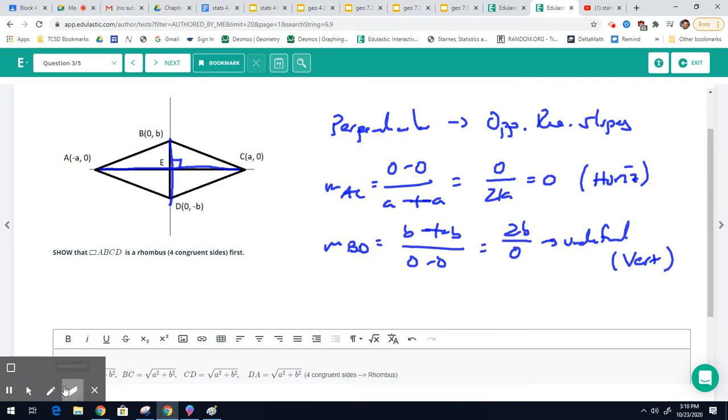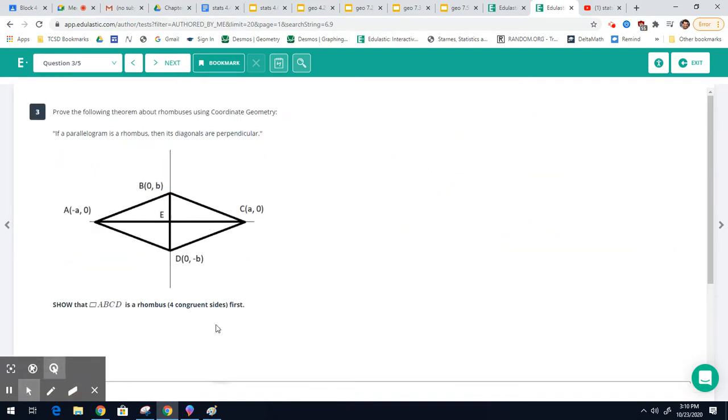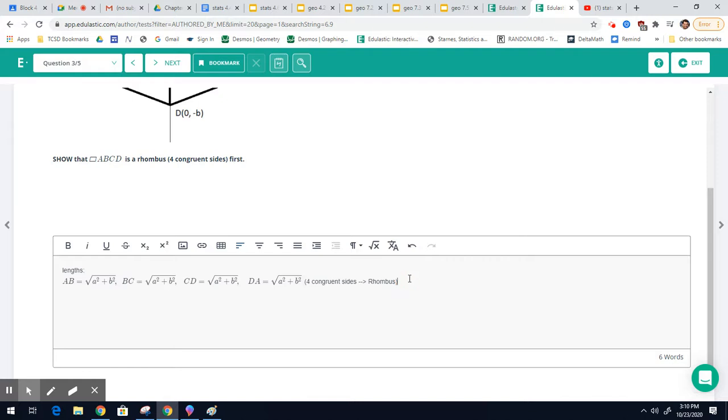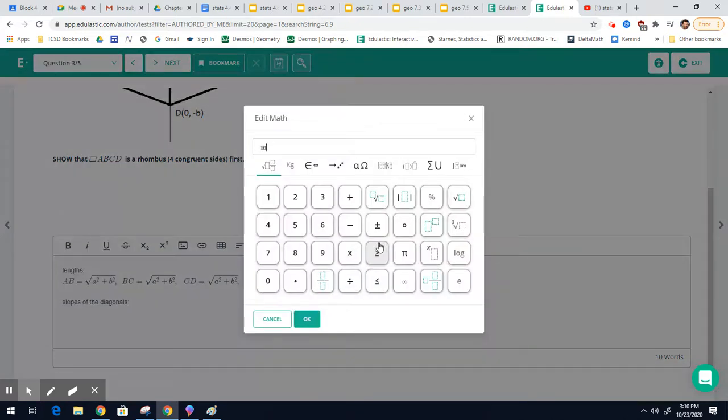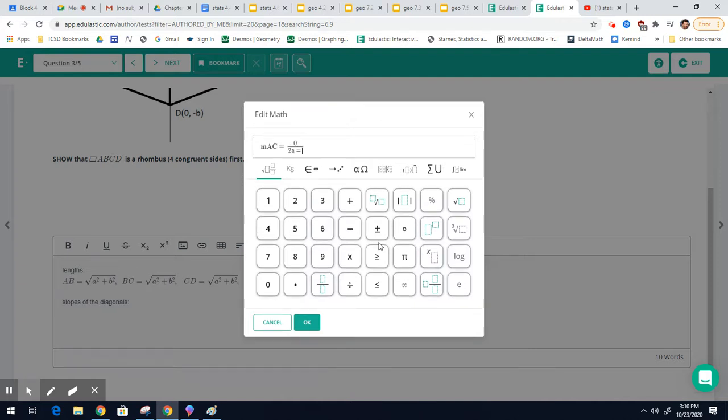Okay, so I took my picture, so now let me move to the bottom here. Again, I'm going to look at the slopes of the diagonals. The slope of AC equaled 0 divided by 2A, which was 0. And the slope of BD equaled 2B divided by 0, which was undefined.